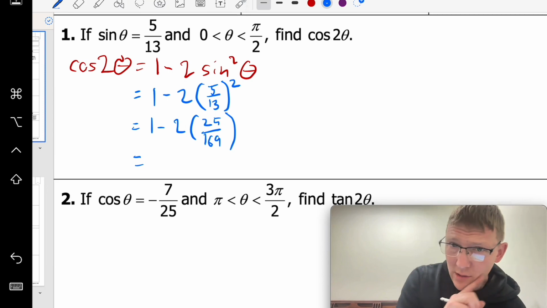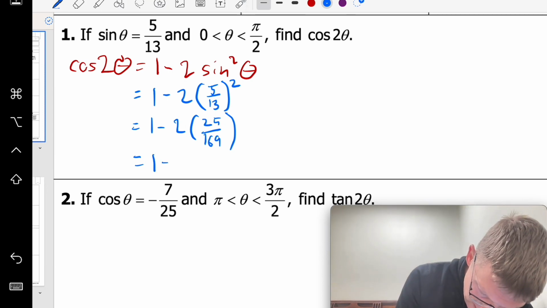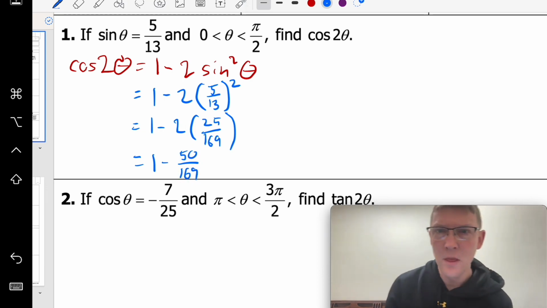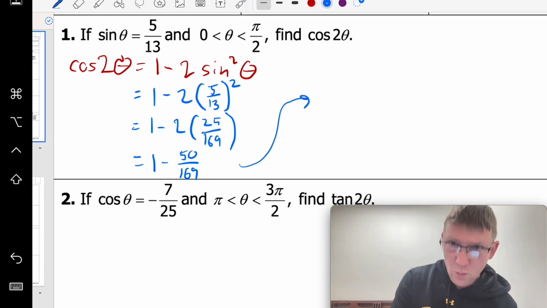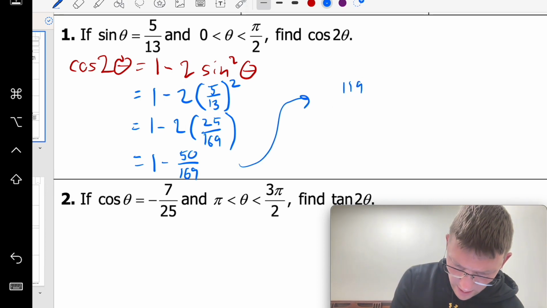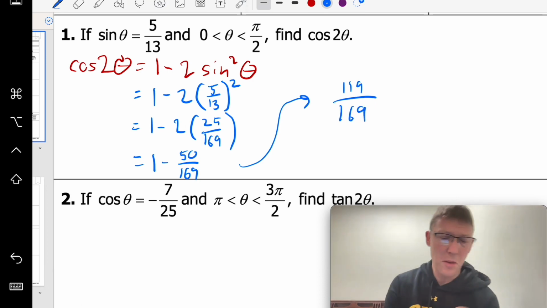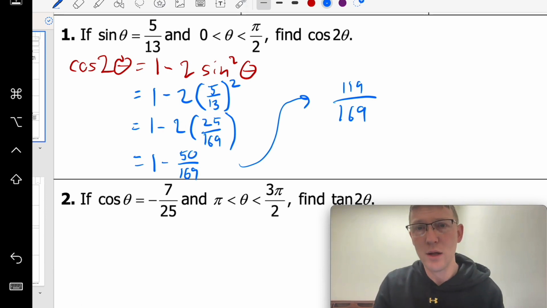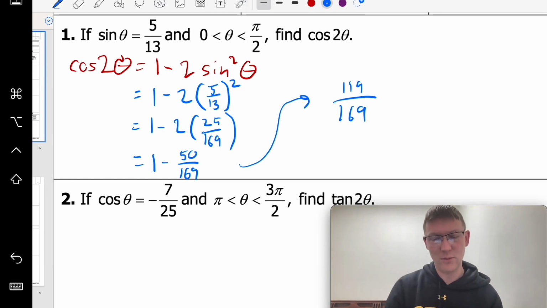Then we put the 2 in, so then we've got 1 minus 50 over 169. And then when we combine all of that together, we get 119 over 169. Now remember, this whole blue part, that's kind of calculator work. So feel free to use your calculator in an intelligent way that you understand to get the right answer.